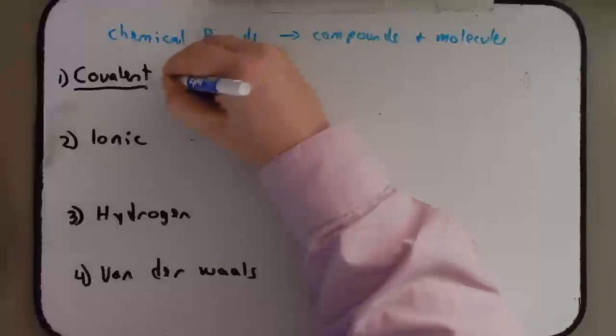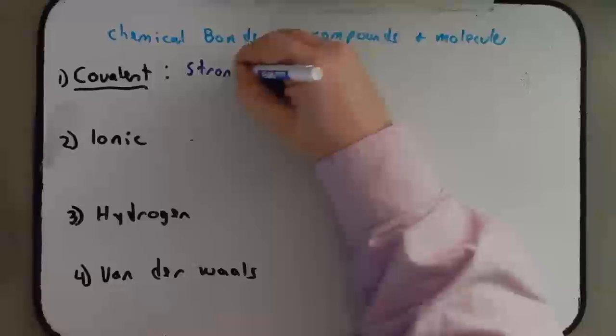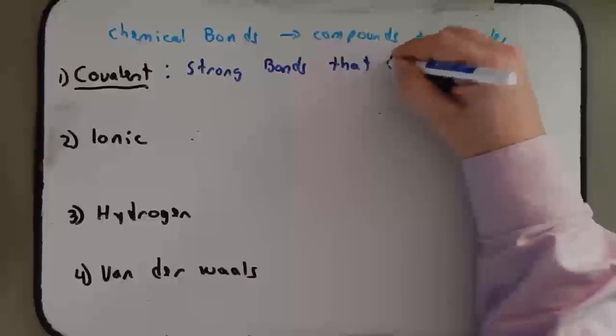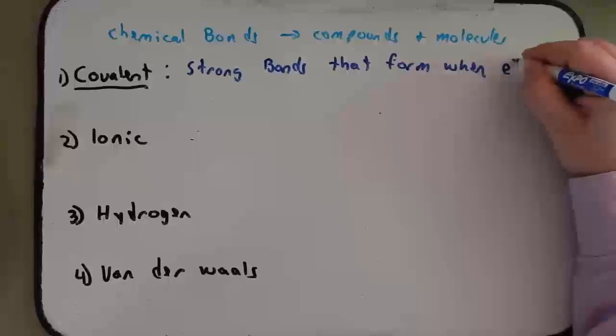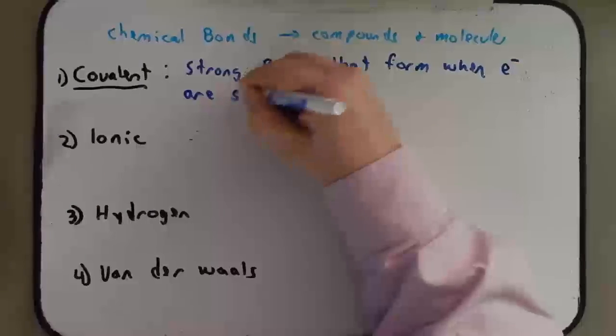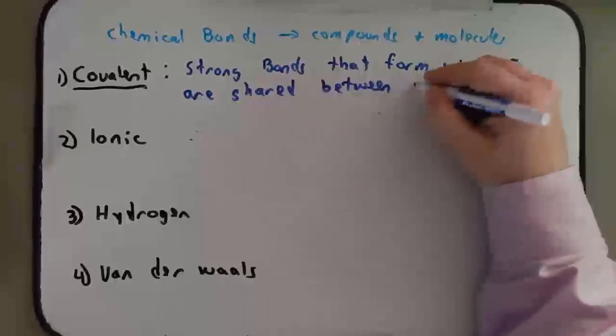Covalent bonds are strong bonds. In fact, of these 4, they are the strongest. So these are strong bonds that form when electrons, e with a minus sign is an abbreviation for electrons, are shared between 2 atoms.